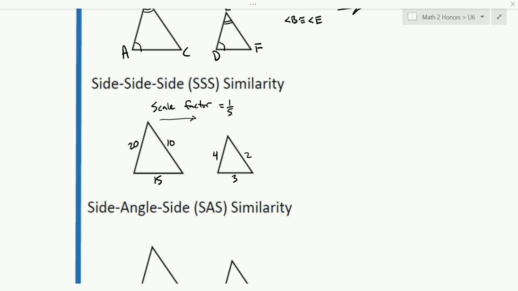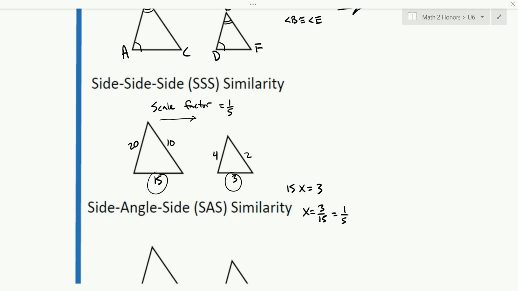So our scale factor is 1/5. And if ever you're searching for a scale factor, all you have to do is find two corresponding parts and say, well, 15 times what equals 3. Solve that. Okay, so x is 3 over 15. Reduce it to 1/5. You get your scale factor. Because the scale factor is what you multiply these things by to get the new value, right?